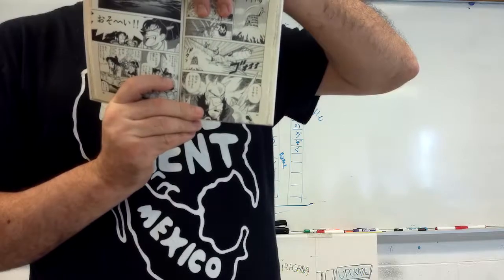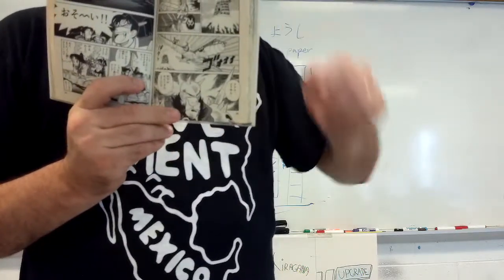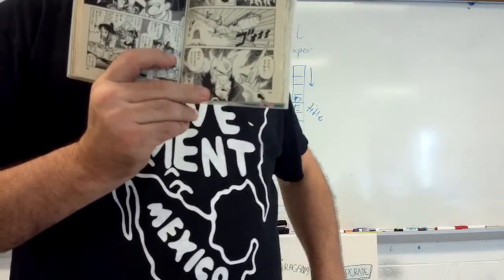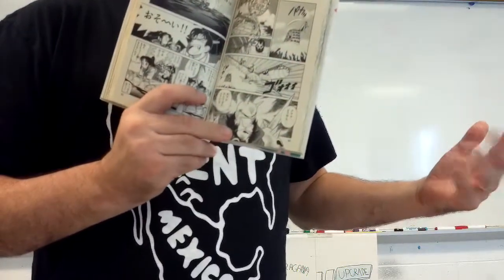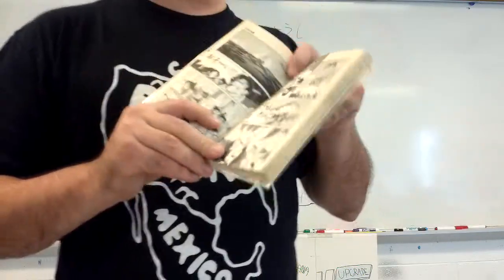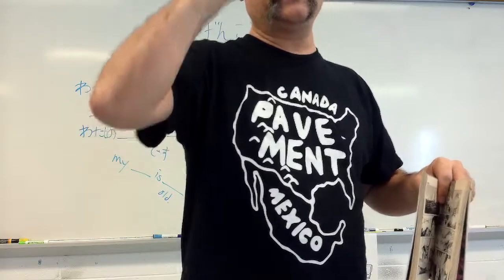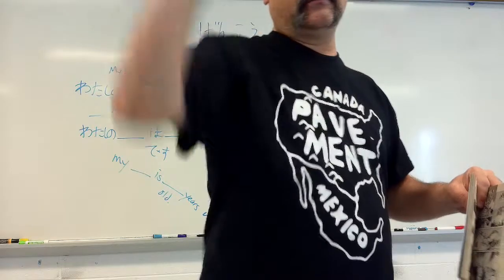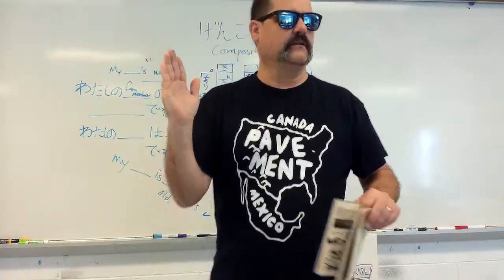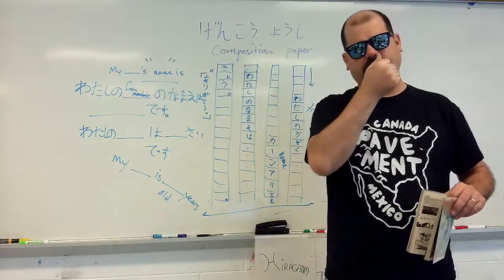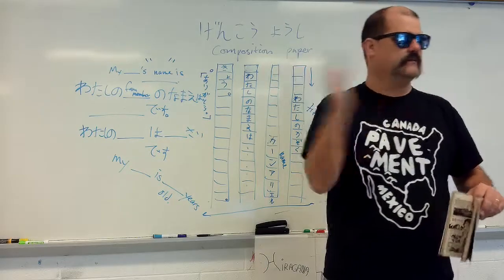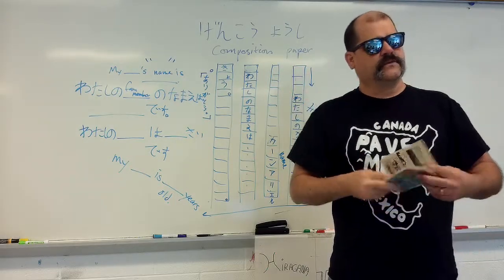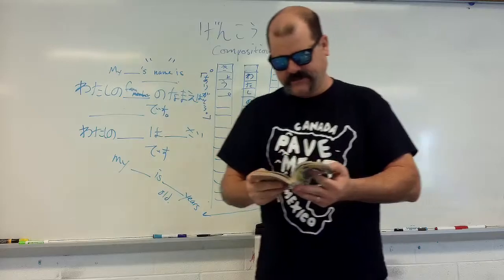That's the one thing that makes manga really adaptable for Japanese, because they can put their speaking bubbles in 2 different directions. They can put it up and down, or left and right. They don't have to stick with English, which is always left and right. So that's what makes manga such a great thing.